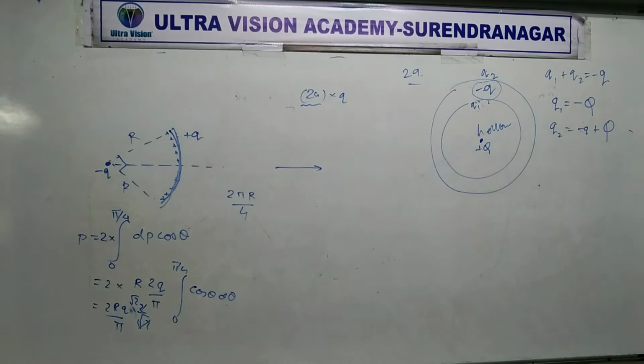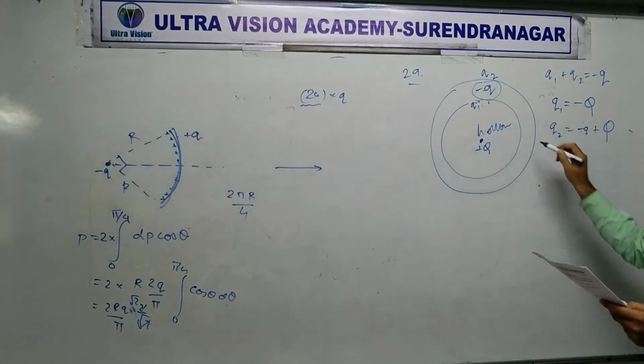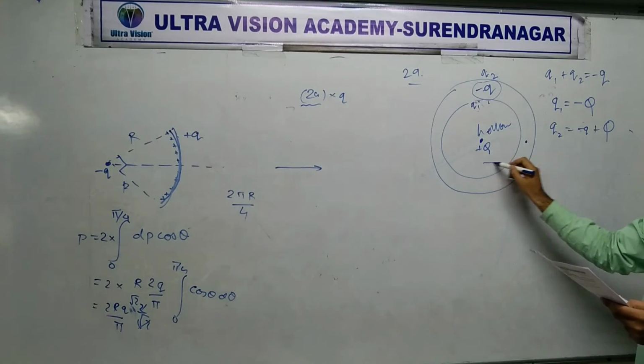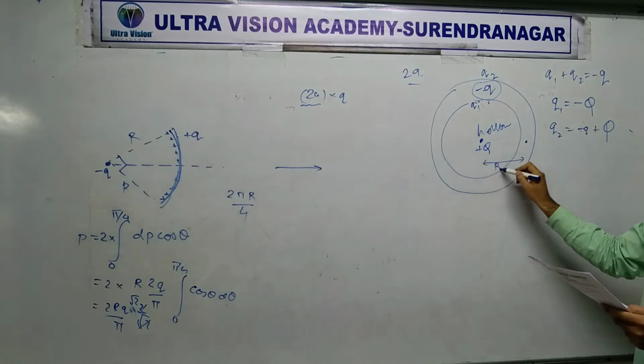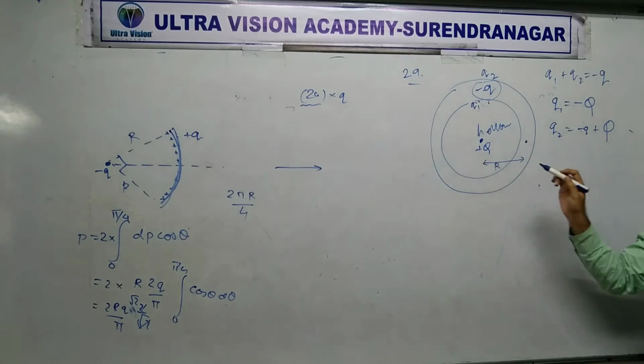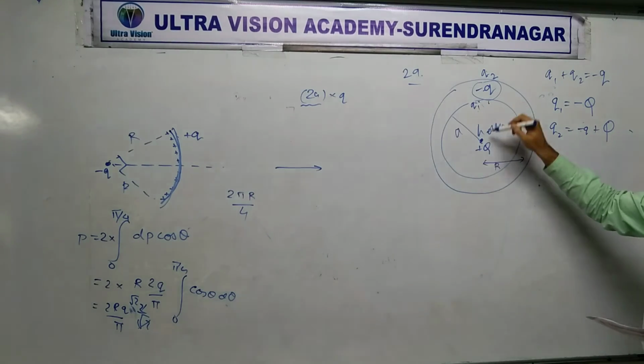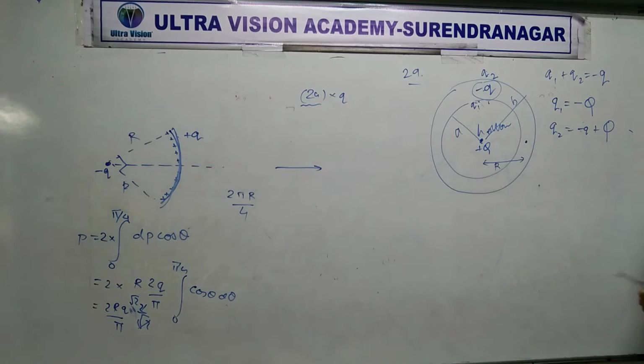Then the electrostatic potential at a distance r, where r is less than b but greater than a. So this much distance is r. Less than b but greater than a. Find the potential. So a is less but b is more than that.